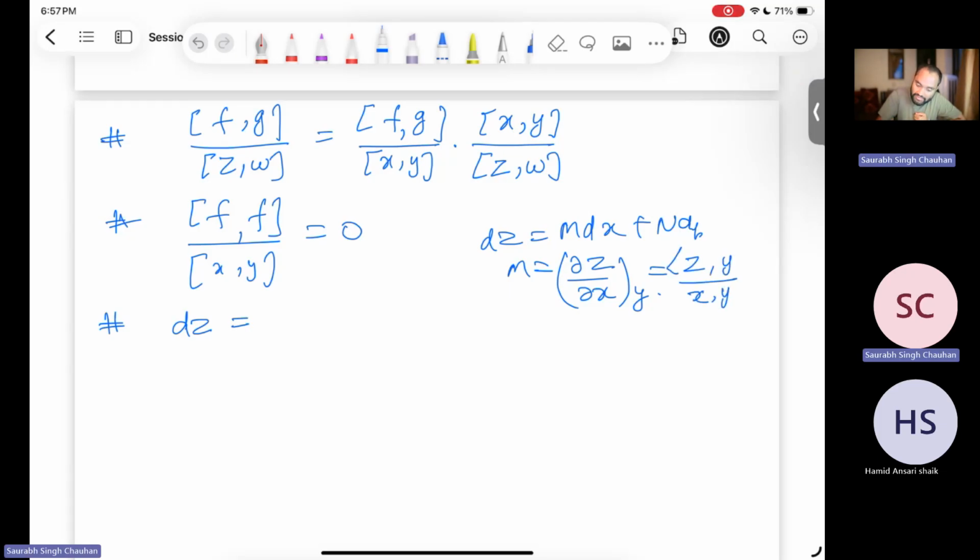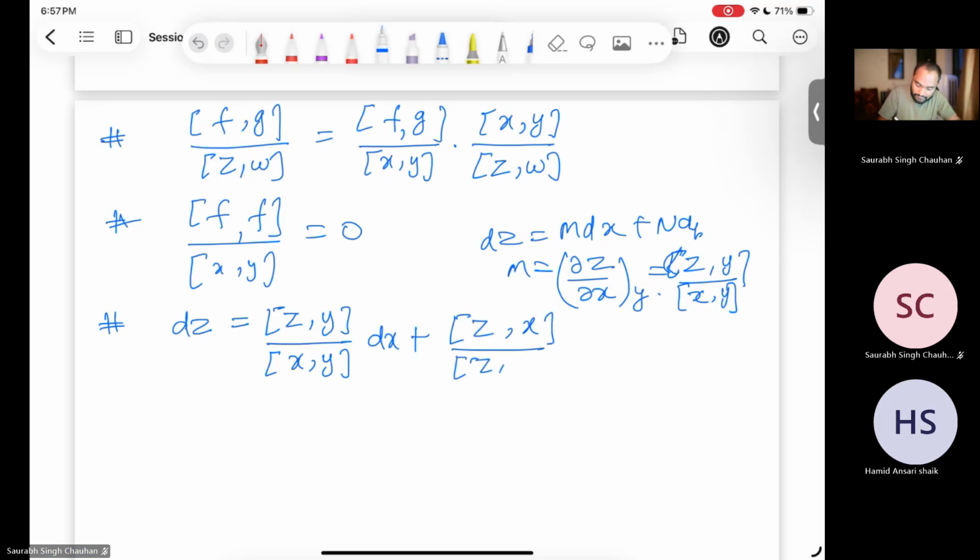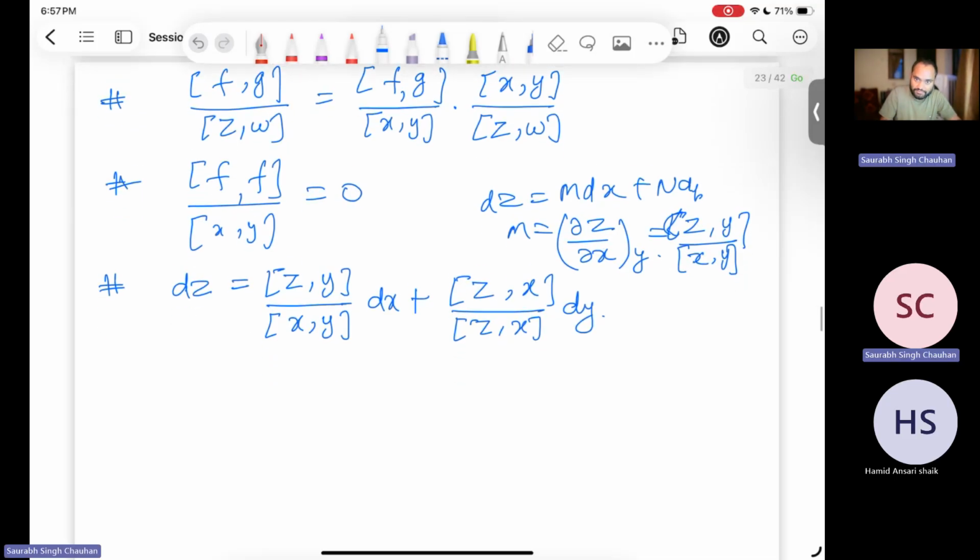So the same thing you will write here: dz will be equal to Jacobian of z and y with respect to x and y times dx plus, now comes the n, so in n this y will be replaced by x simply. This is another equation.